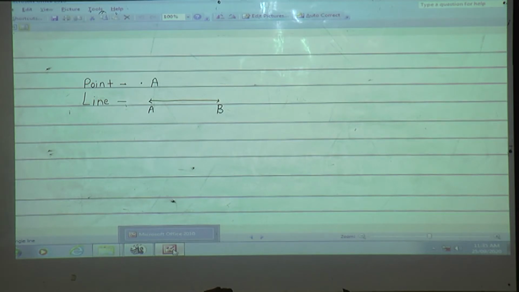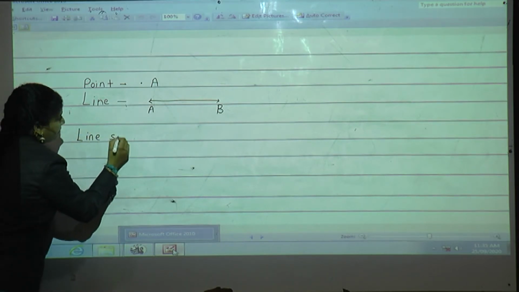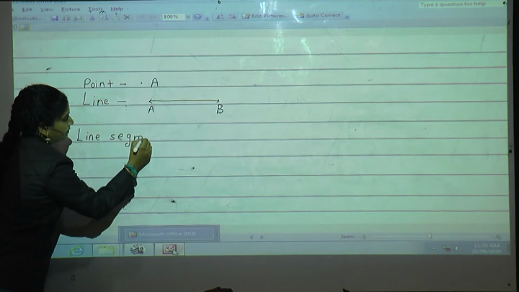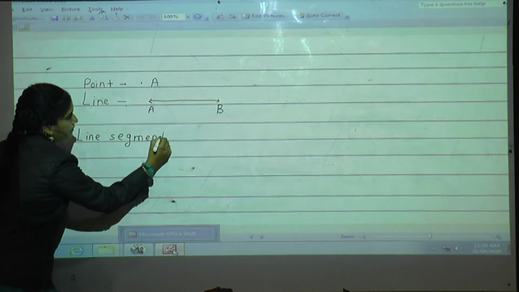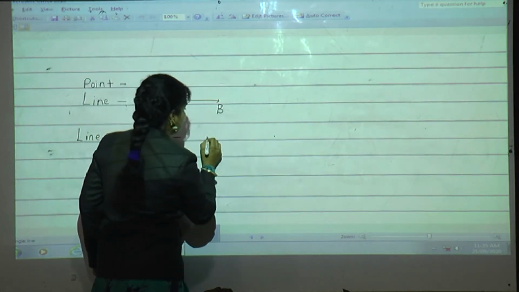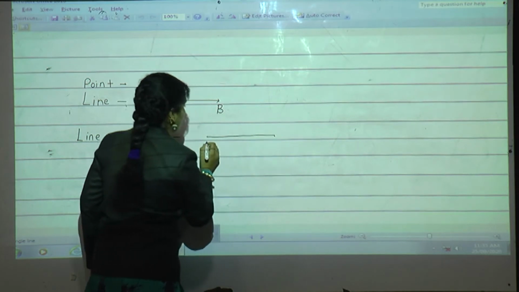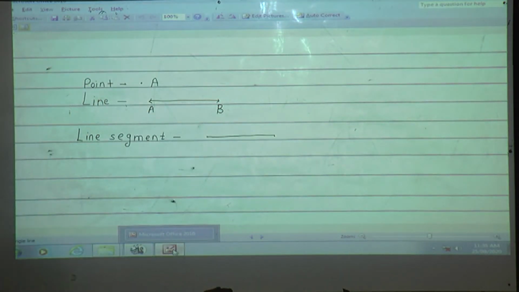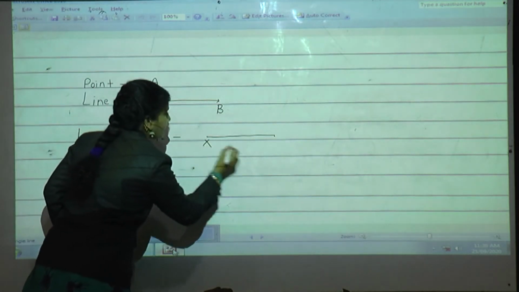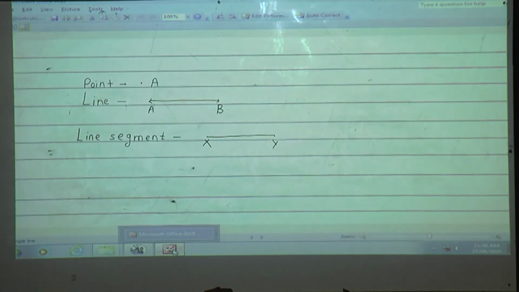Next point is a line segment. See, these are the 2 points. I am joining them. This is called a line segment. We will name it XY.